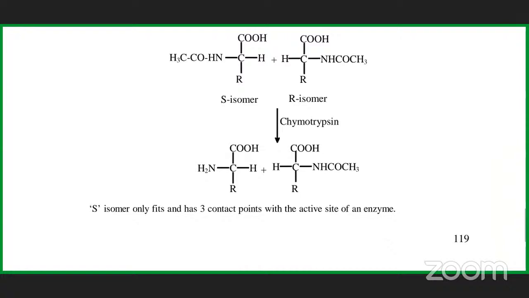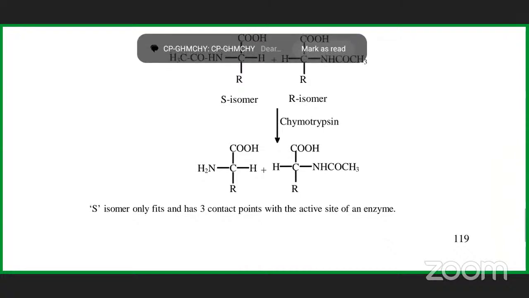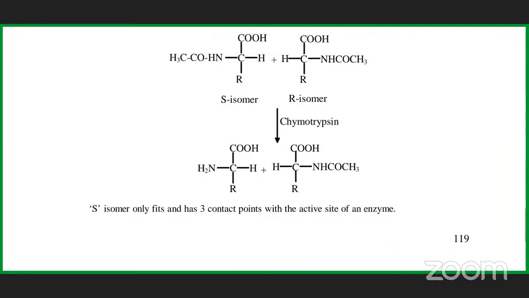The R isomer does not have these three interactions; it may have two interactions or one. But the S isomer has three contact interactions, so it binds with the active site and gives products like an amino acid and acetate.